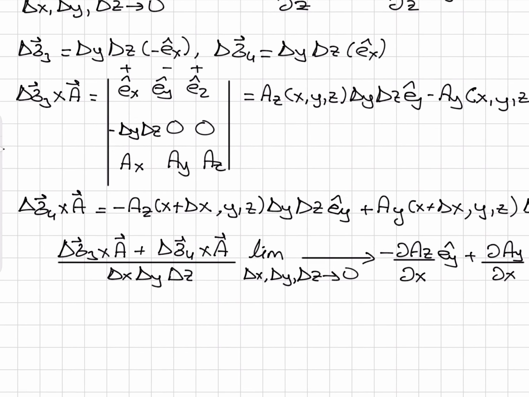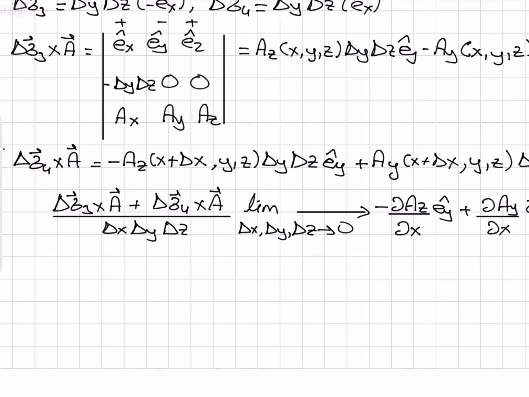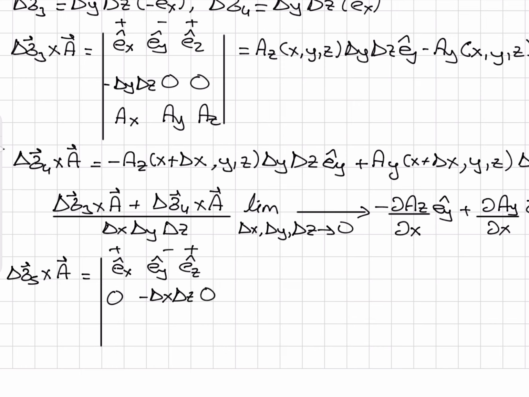And as for the final two surfaces, delta sigma 5 cross product with vector A is the determinant of ex hat, ey hat, ez hat; 0, minus delta x delta z, 0; Ax, Ay, Az. So let's quickly check this.